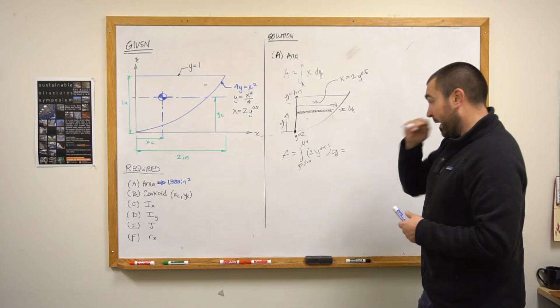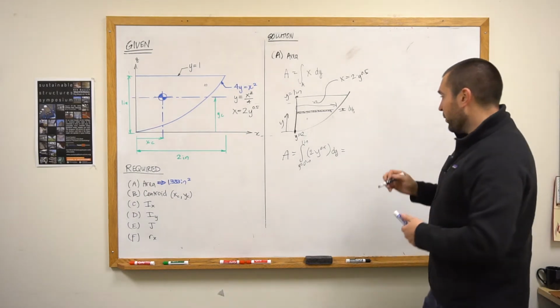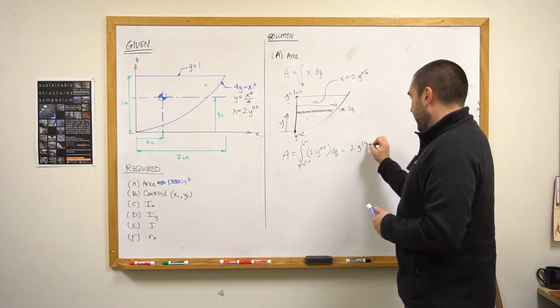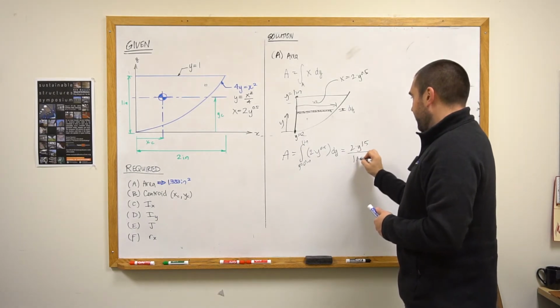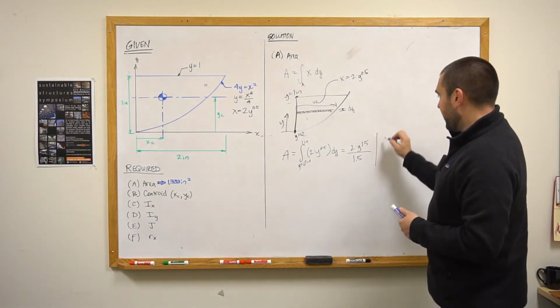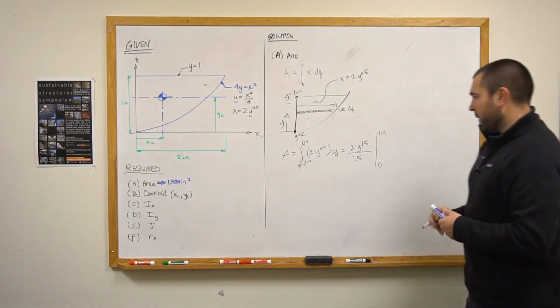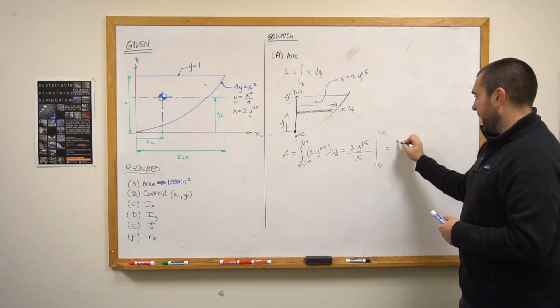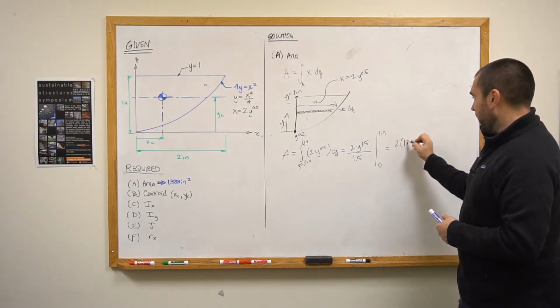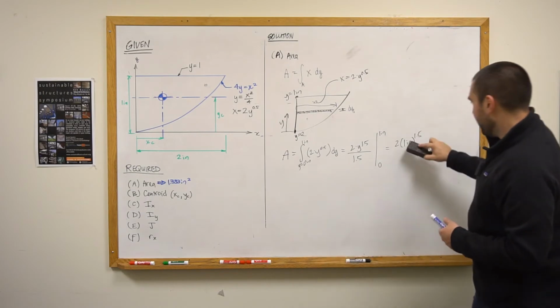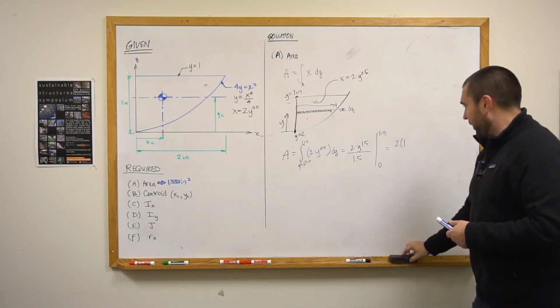So if I do this, again, it's still a relatively simple power rule. I'm simply going to get 2 times y to the 1.5 divided by 1.5, evaluated at 1 inch and evaluated at 0. And I get 2 times 1 inch to the 1.5. I'm actually just going to leave units out of here because I've already not included them for some other parts.